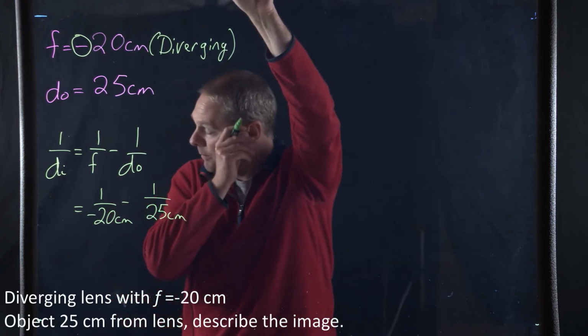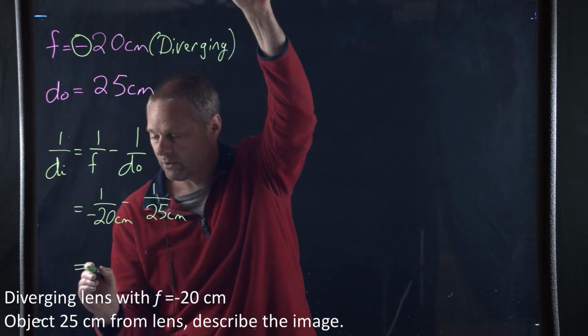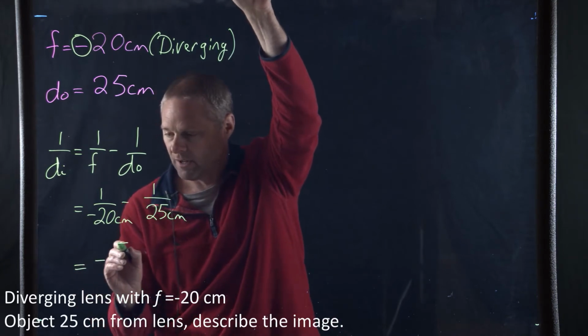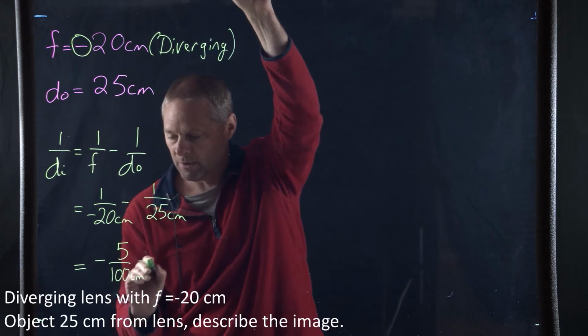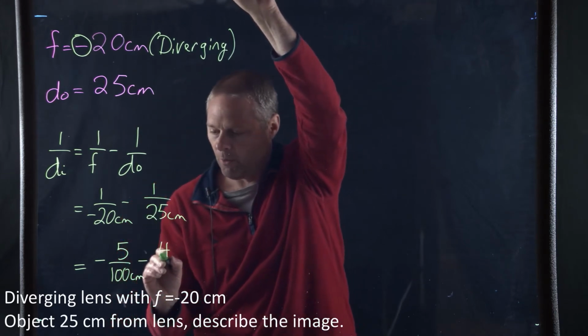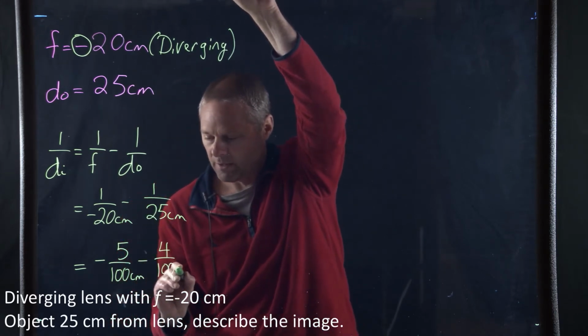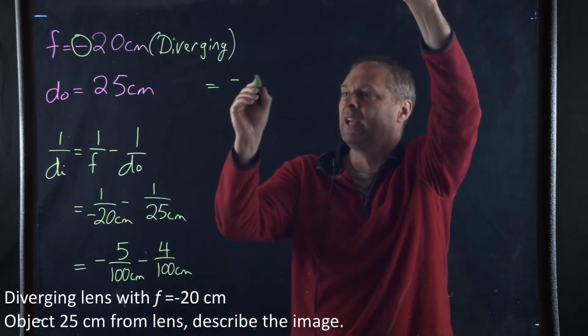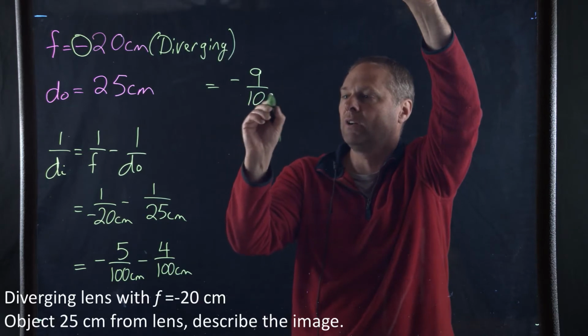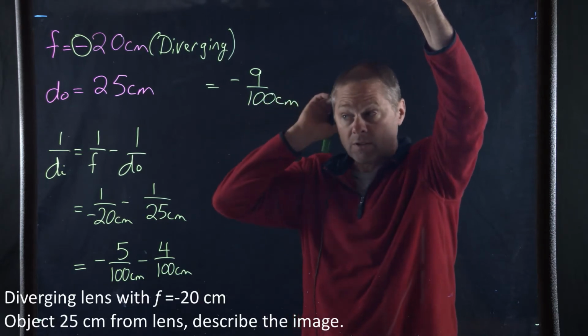The common denominator of this will be 100, and so this is going to be equal to a negative 5 over 100 centimeters minus 4 over 100 centimeters, which is equal to a negative 9 upon 100 centimeters.